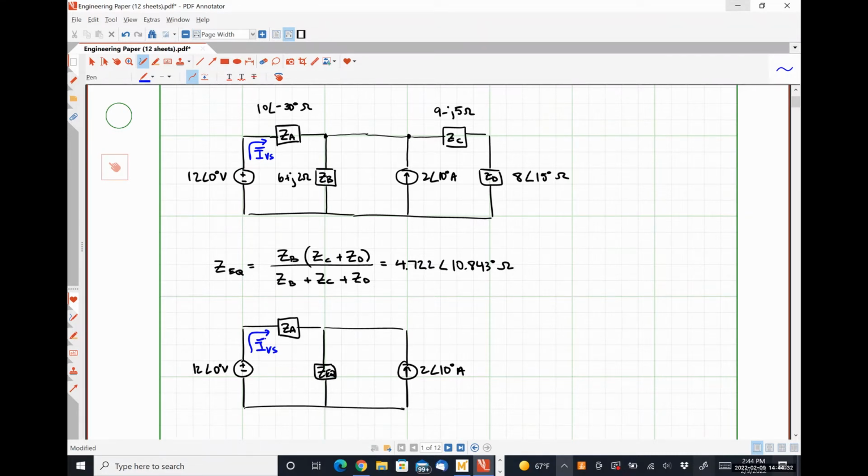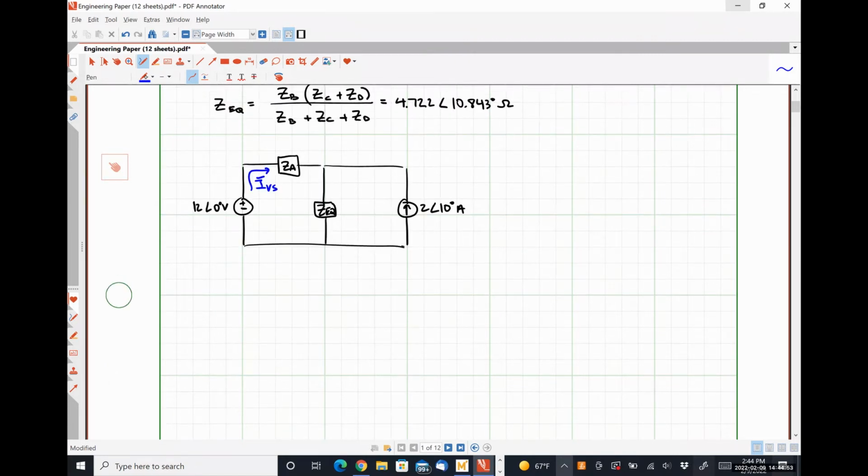I can do a source transformation now where I will replace the practical current source on the right-hand side formed between the 2 angle 10 degrees amps current source and the ZEQ impedance with a practical voltage source that'll look something like this.